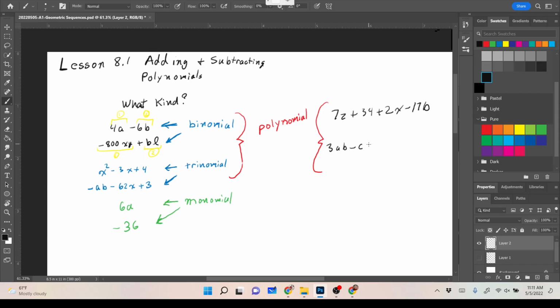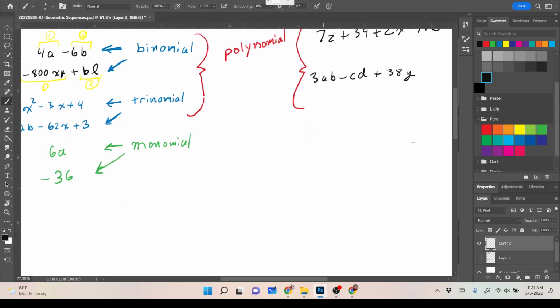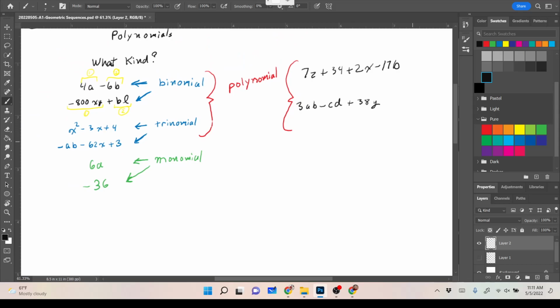Yes. And the terms aren't just variables, they're numbers as well? Yes. So any equation is a polynomial? No. An equation might have a polynomial. Polynomials are expressions, therefore they wouldn't have equals. Right?